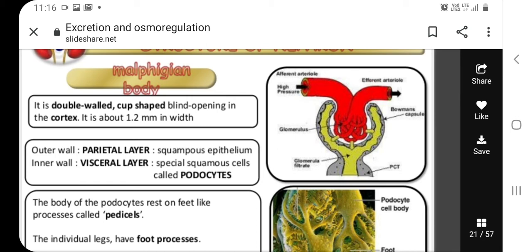The two walls of the cup are called, the outer wall is called the parietal layer. It is made by the squamous epithelium, and the inner layer or the inner wall is called the visceral layer.